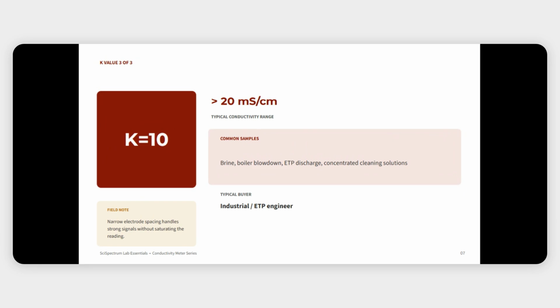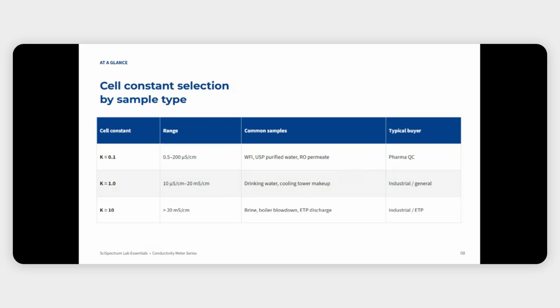And K equal to 10 is the high end: brine, boiler blowdown, ETP discharge with high dissolved solids, concentrated cleaning solutions. Anything above roughly 20 millisiemens per centimeter. The electrode spacing is narrower here, built specifically to handle a strong signal without saturating it.